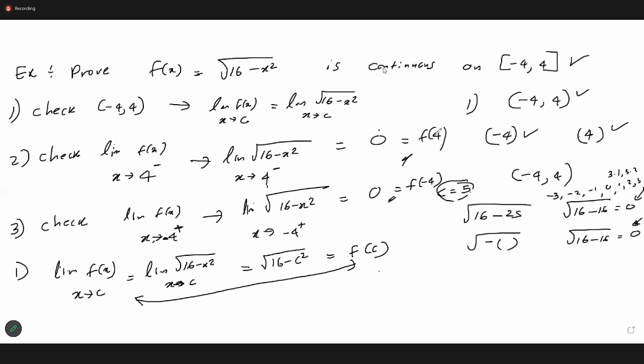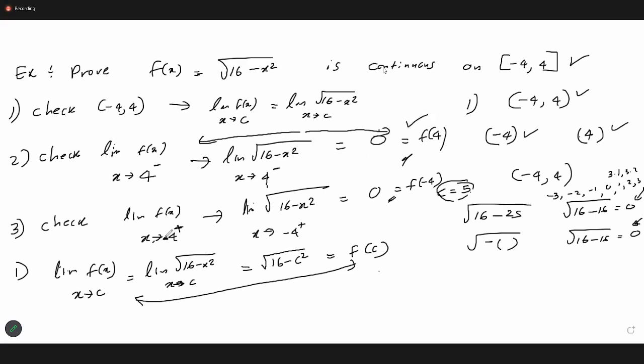How to check it? Just plug in the value again. Then we know that definitely these two are equal, because for f(4) you can put x equal to 4 here, and it is equal to 0. Then the limit of f(x) when x approaches 4 from the negative end is equal to f(4). The second statement is true.